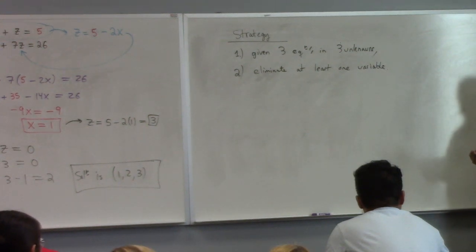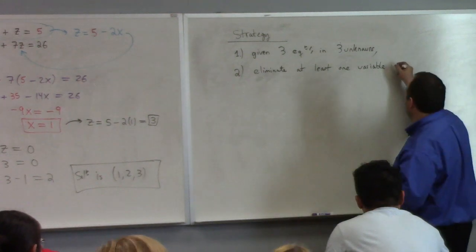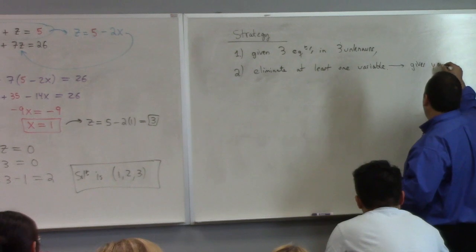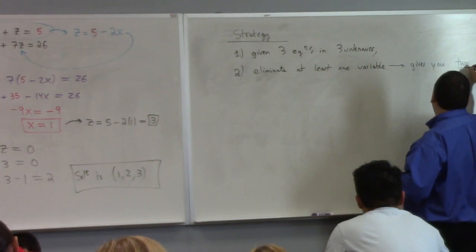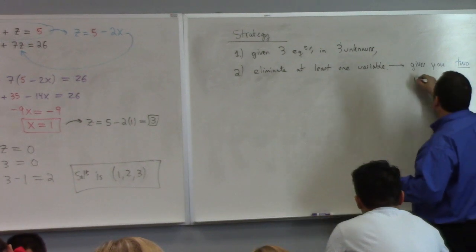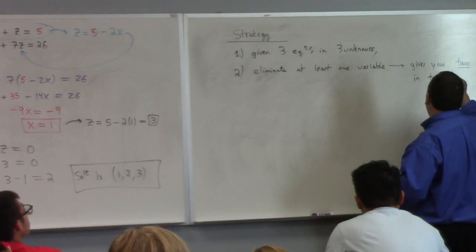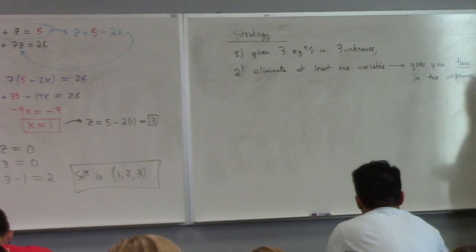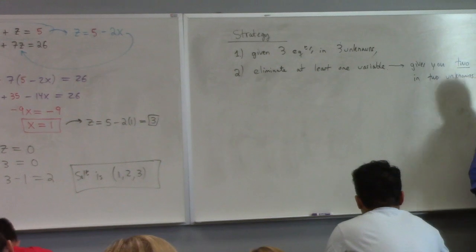If you eliminate one variable, this gives you what? 2 equations in 2 unknowns, right? And then we're back to what we did earlier this week.